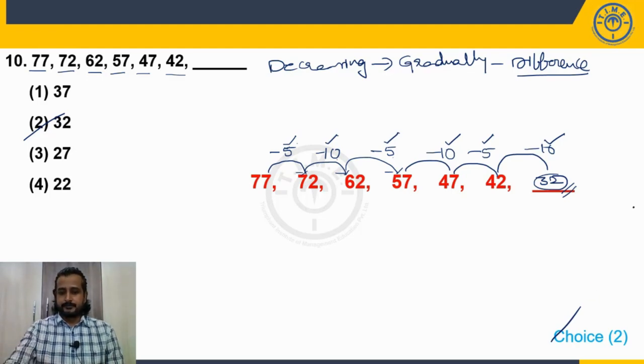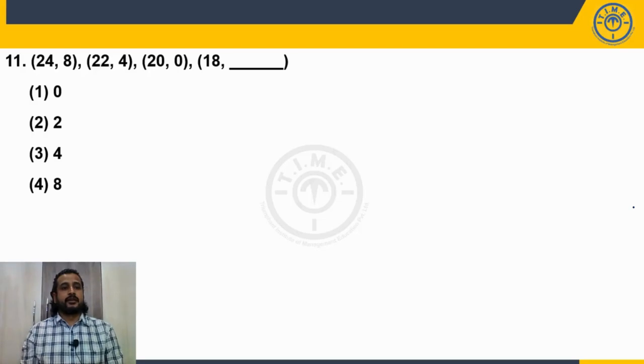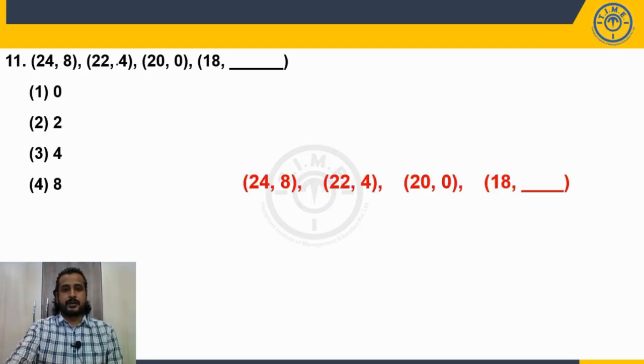Clear? Please understand our approach in approaching the given question. Look at the given numbers: 24, 22. These are given in brackets. You may think in two ways. One is that it may be an alternate series.